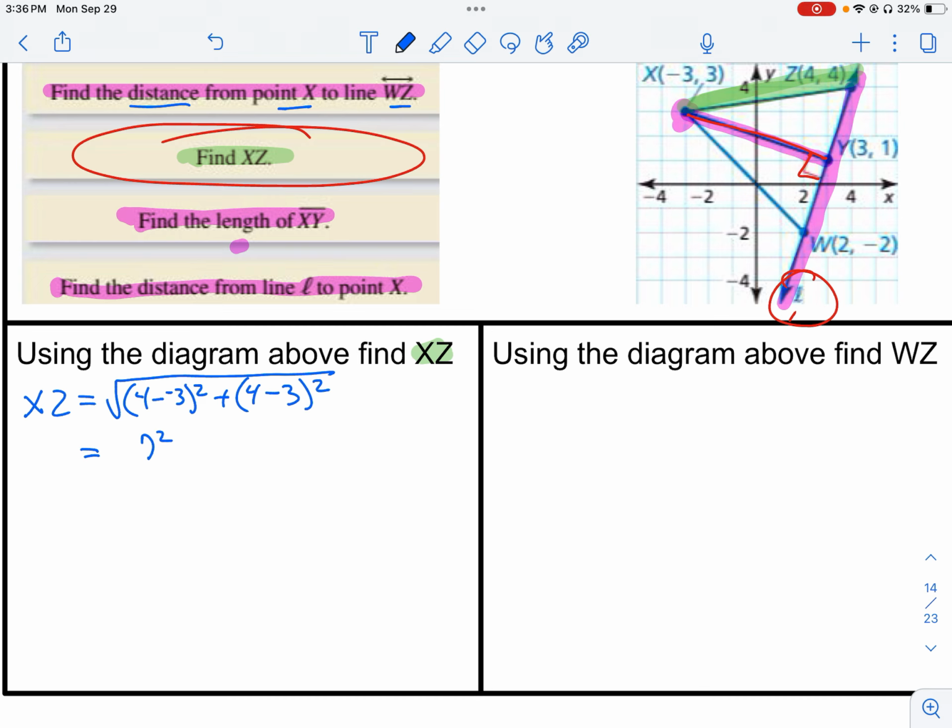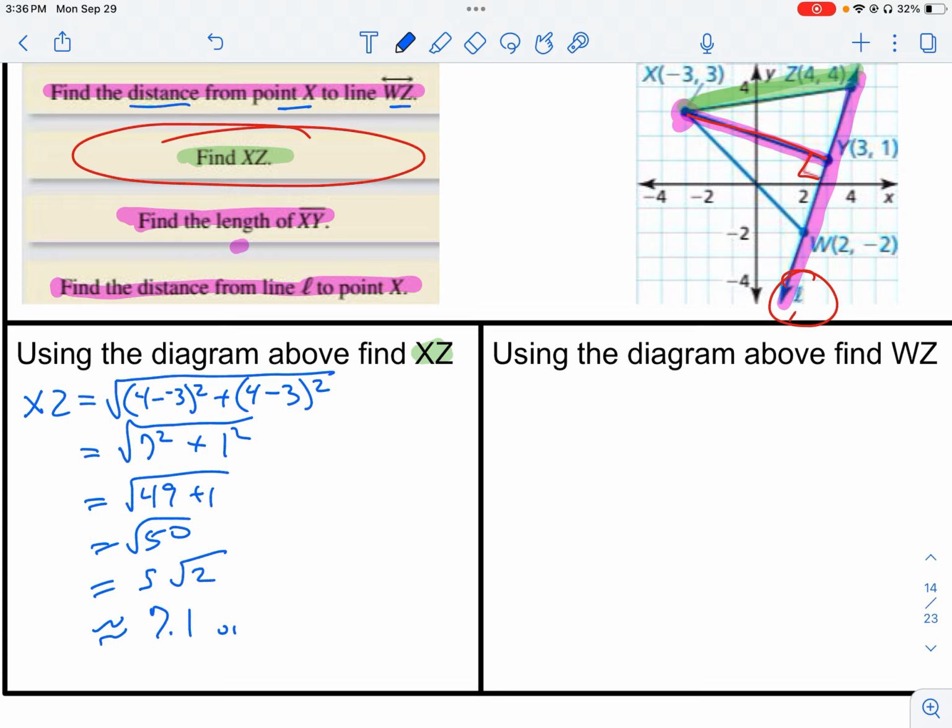So we get 7 squared plus 1 squared. We get 49 plus 1. So that's radical 50. So an exact answer reduced to be 5 radical 2. Or if we put it in our calculator, we'd get about 7.1 units.